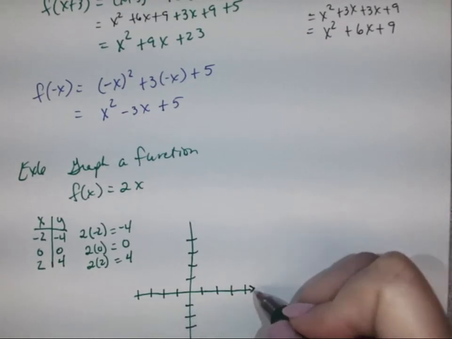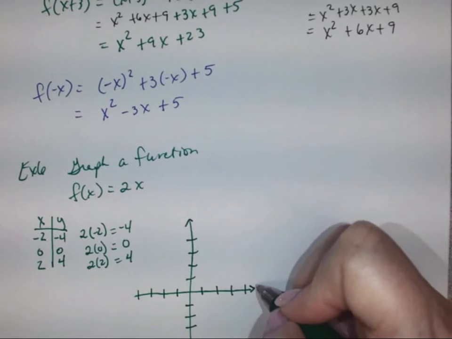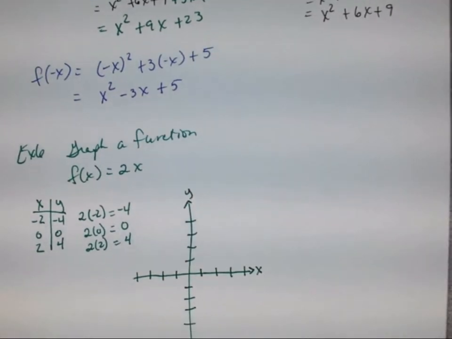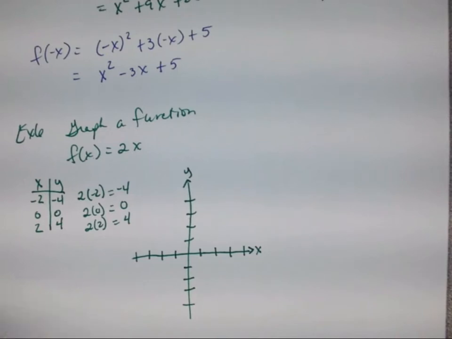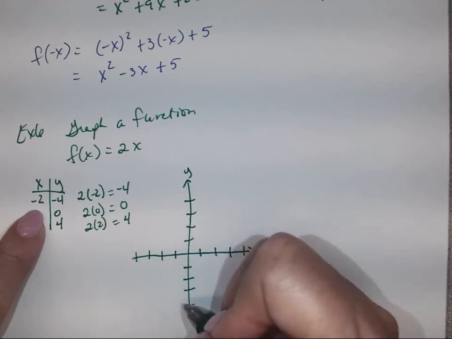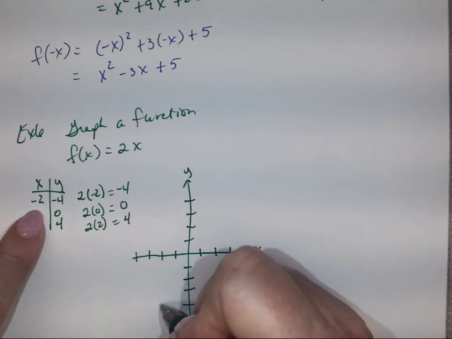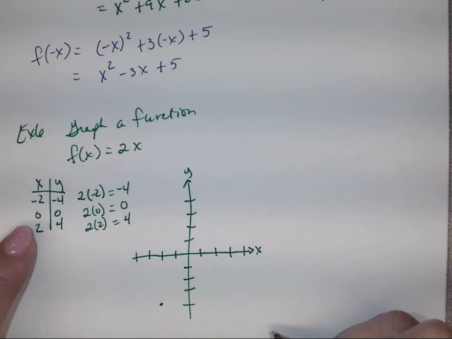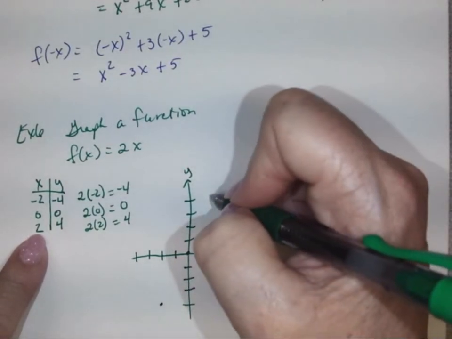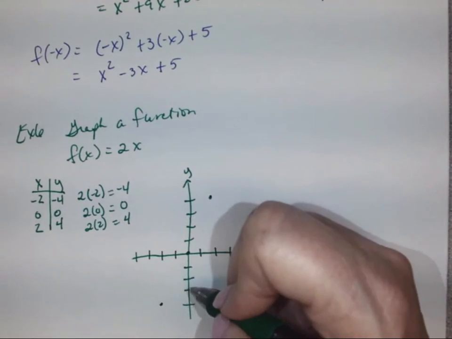I'm going to draw my little arrows. This will be my x value. This will be my y values. All right, so when I go to graph this, my first point is negative 2 for x and negative 4 for y. So it's going to be right down here. Then I have 0, 0, and then I have positive 2 up to positive 4.